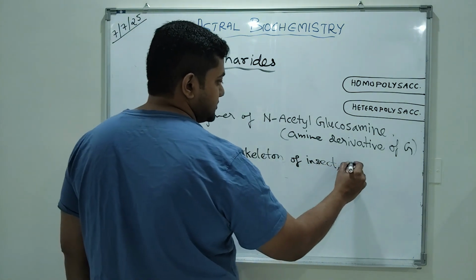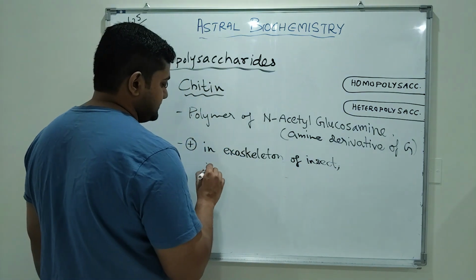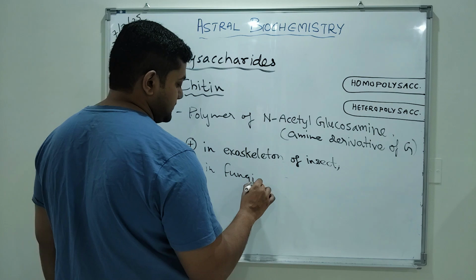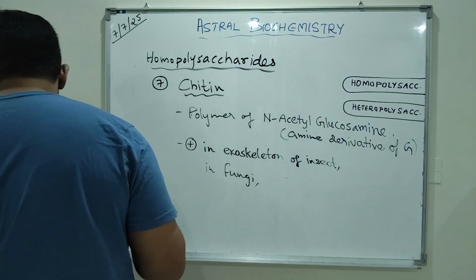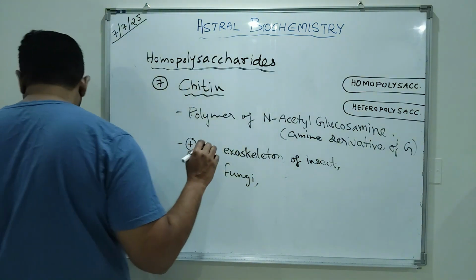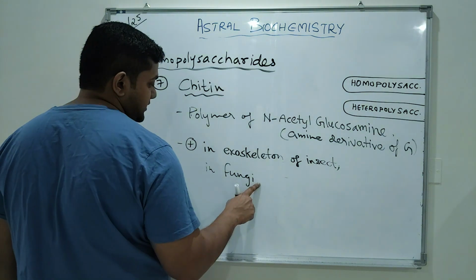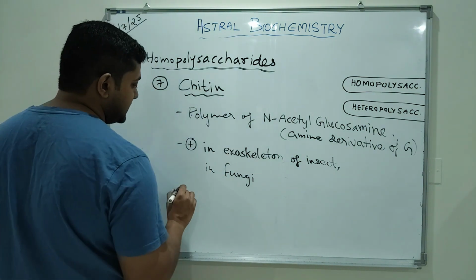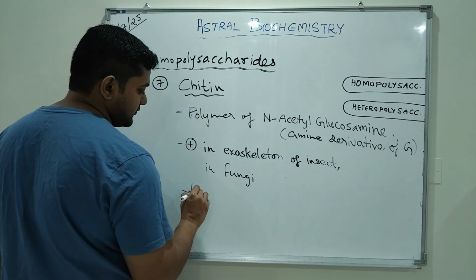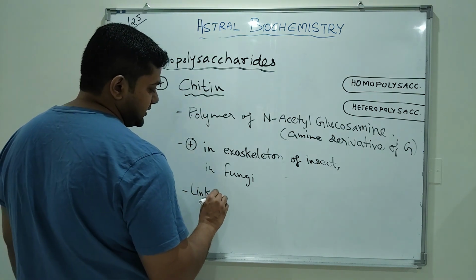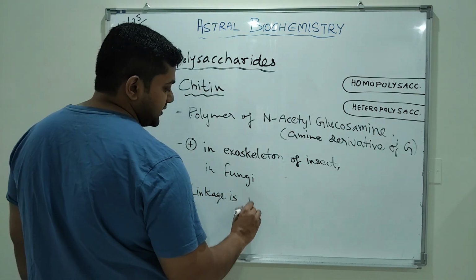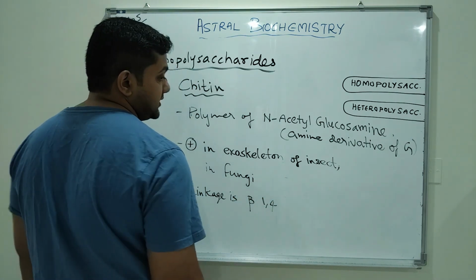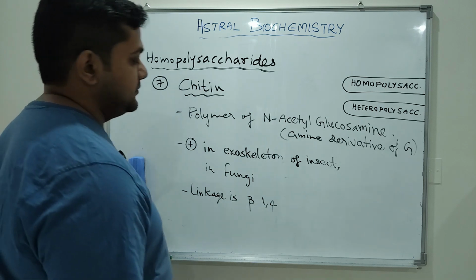It is also found in fungi, mainly in fungi. And the linkage, which we should have mentioned before this, is just like in cellulose, beta 1,4 linkage.